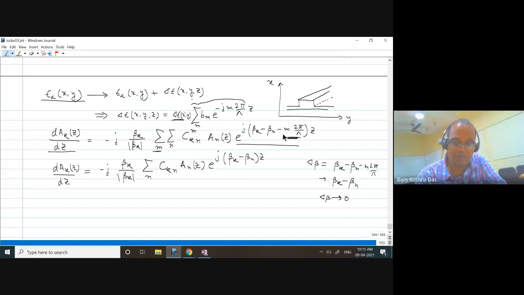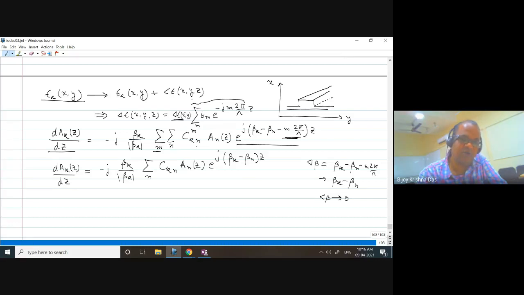No coupling will be there. So if you can create this type of situation, then there is a chance that the kth mode power will evolve. It can gain some power, or it can couple to other modes. Here we are talking about coupling between the k and nth mode. So if it is the nth mode, then we are writing this thing.